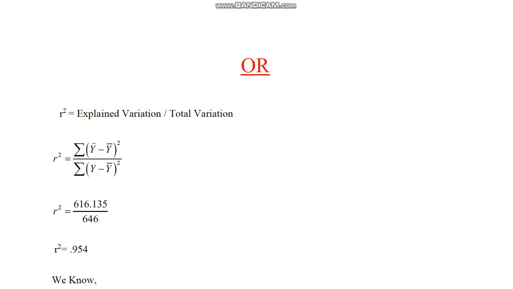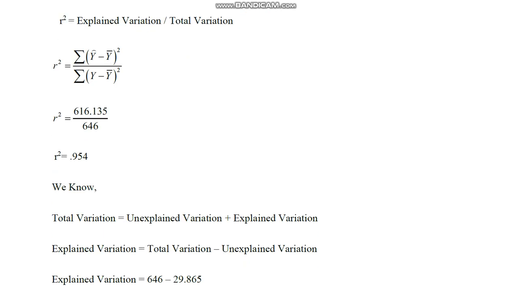Another method to solve for r square is r square equal to explained variation over total variation. We represent explained variation mathematically as summation (y cap minus y bar) square. How do we get explained variation?